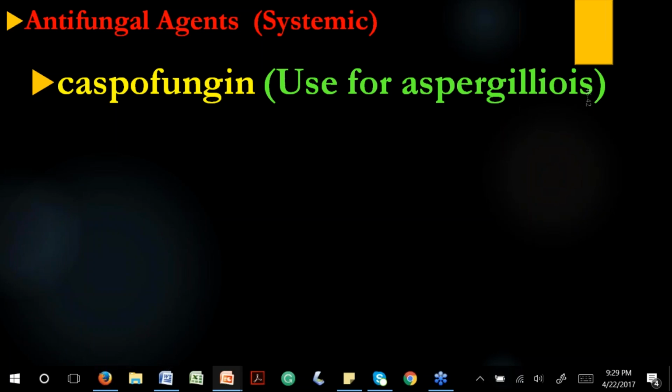Another one that you will probably see most commonly is invasive aspergillosis, which mostly happens in HIV patients. So on the NCLEX, they love to ask you about caspofungin and aspergillosis. What is aspergillosis? A fungus, an opportunistic microorganism.